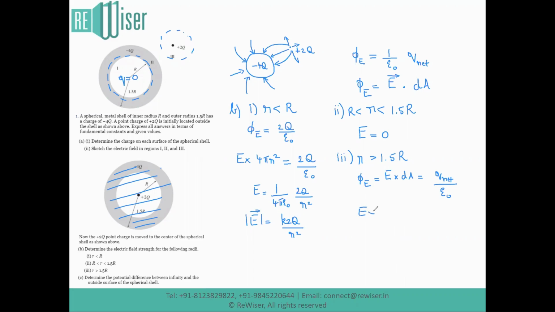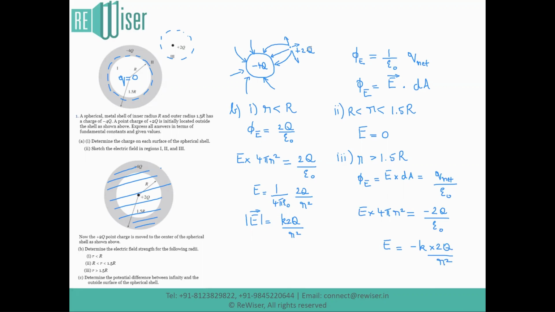I can write electric field E into 4 pi r square is equivalent to the net charge. Here, when I consider the entire Gaussian surface, combining both the charges, minus 4Q and plus 2Q, the net charge contained is minus 2Q divided by epsilon naught. And when simplified further, I get E is equal to minus K into 2 times Q divided by r square.